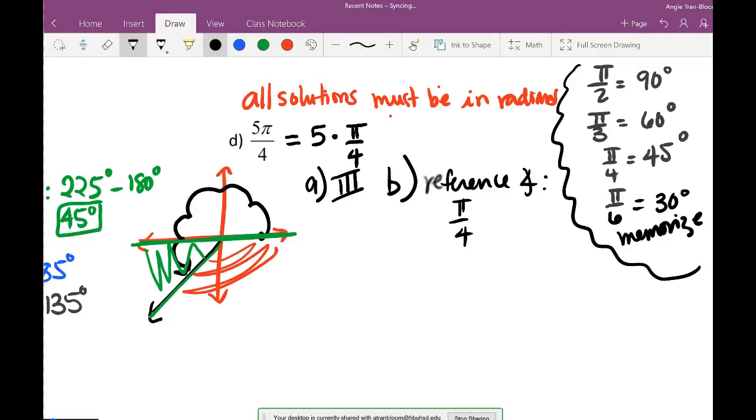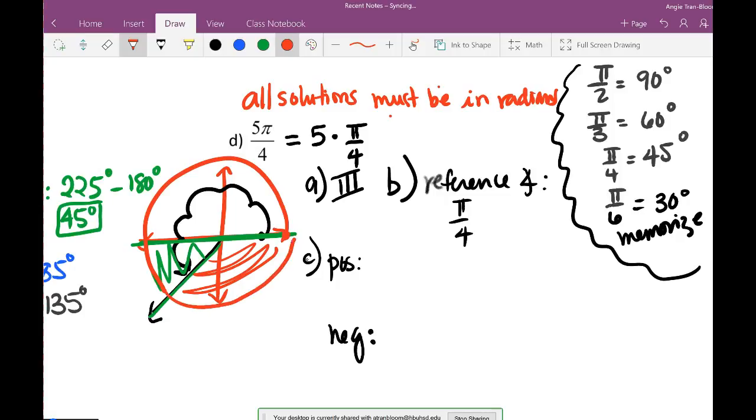All right. Letter C for cat. I'm looking for positive and also negative. Just like earlier, class, if I'm looking for positive, I'm going to use a different marker here. Can I stop right here for my positive coterminal? No, I have to go a full what? Circle. A full circle in radians is what? 2 pi.